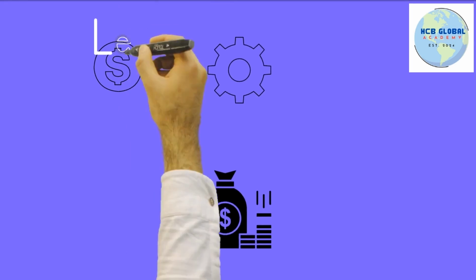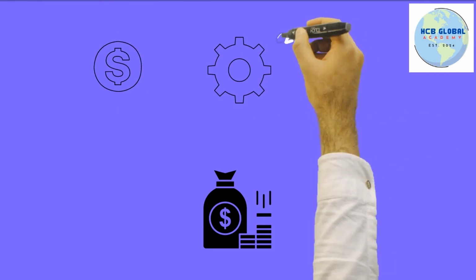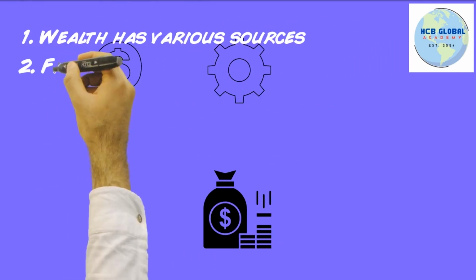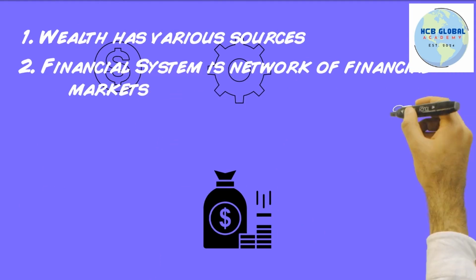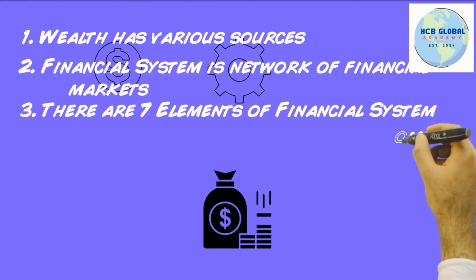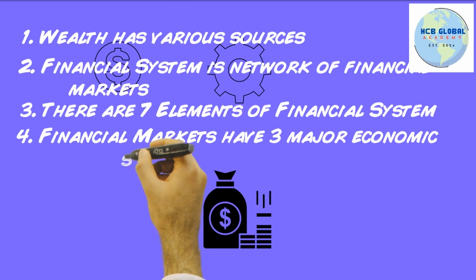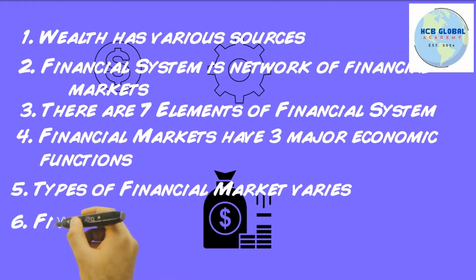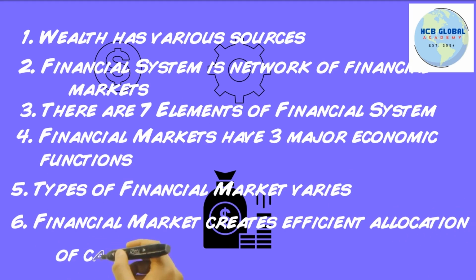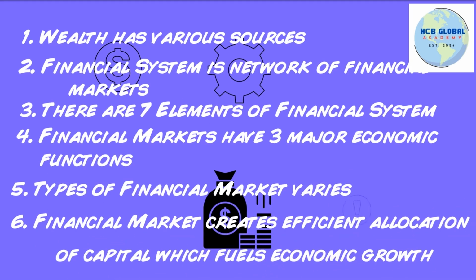That concludes our discussion on the financial system and financial markets. Let's summarize. Wealth can stem from various sources. The financial system comprises interconnected elements such as lenders, borrowers, financial intermediaries, instruments, markets, regulatory environment, money creation, and price discovery. Financial markets serve as channels for the exchange of funds and instruments like stocks, bonds, and securities among willing parties.